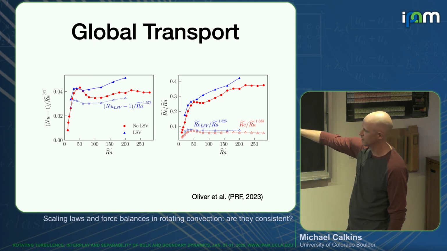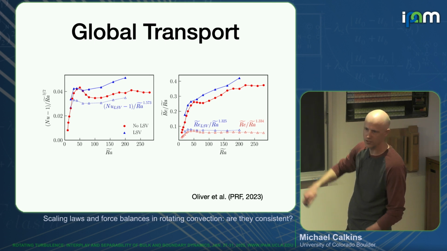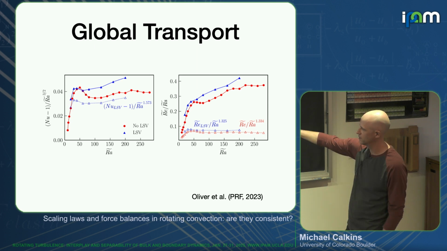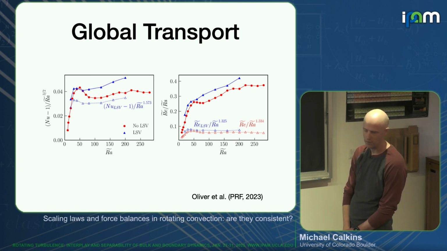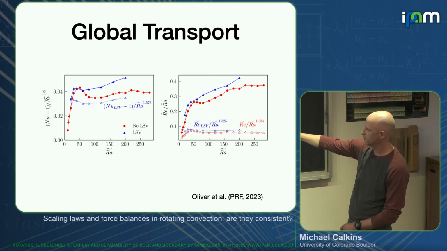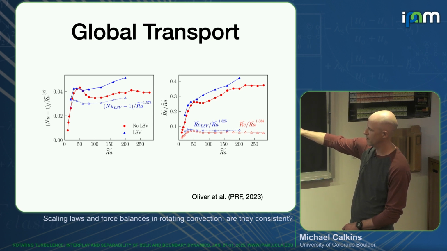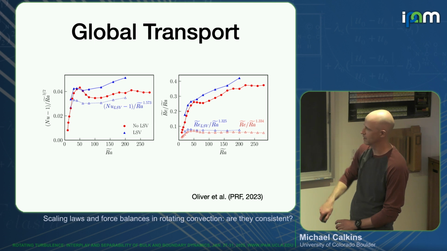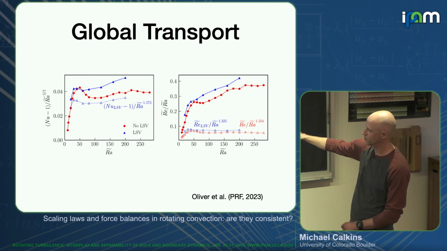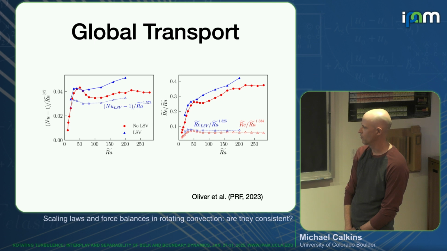And so you can see that the case with an LSV never really approaches that. It never really flattens out. And at best, maybe these highest Rayleigh number cases are flattening out here. And then the open symbols are just showing the compensated value that you would need in order to flatten it. So they have a slightly stronger scaling than a power of 1, which you would expect from a diffusion-free scaling.